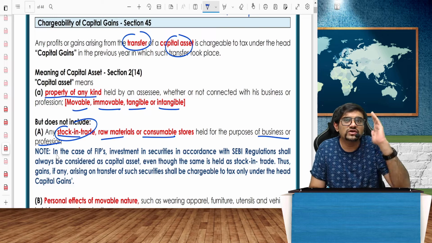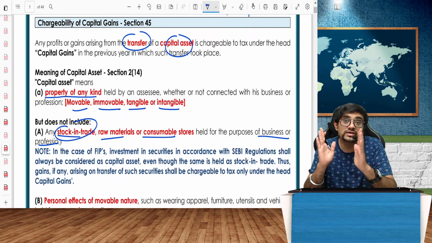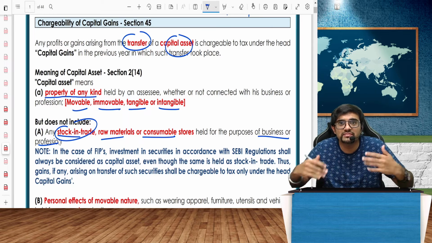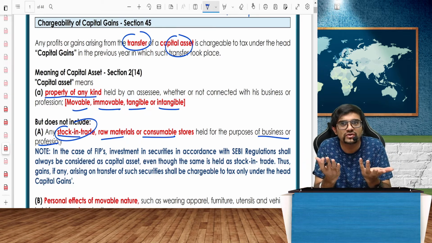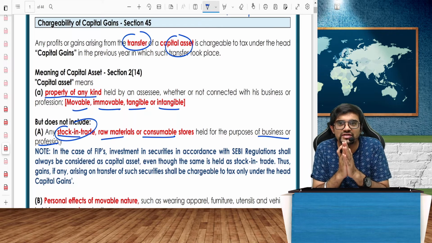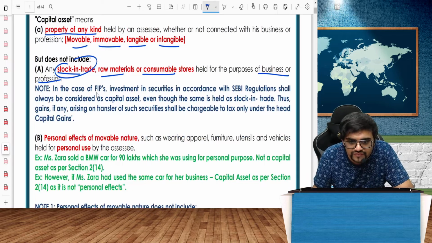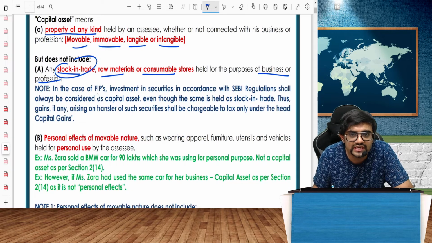These FIIs went and stood in front of the finance minister, at that time Chidambaram. They said, what is this? I am investing and you are charging 40% tax. Chidambaram said, sorry, sir. Then he inserted one line. What line? In case of foreign institutional investors or foreign portfolio investors.